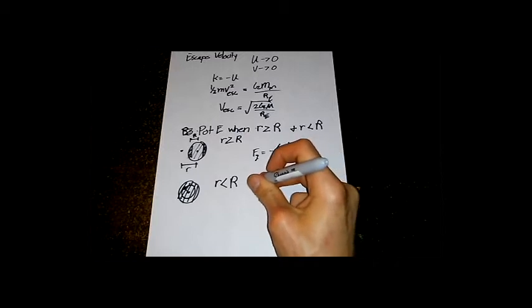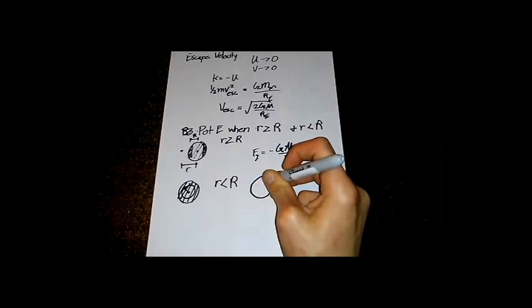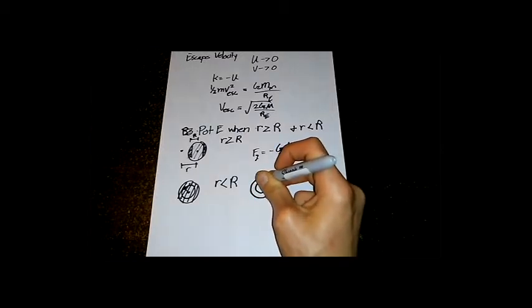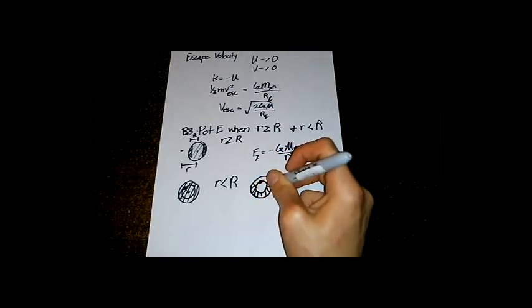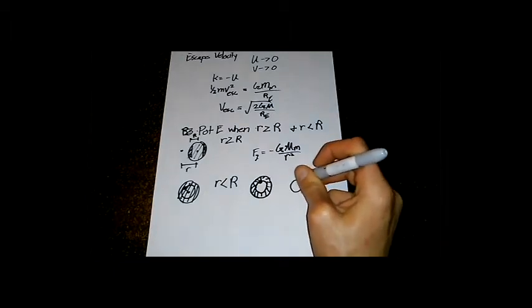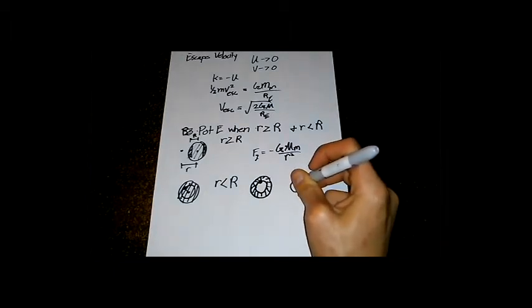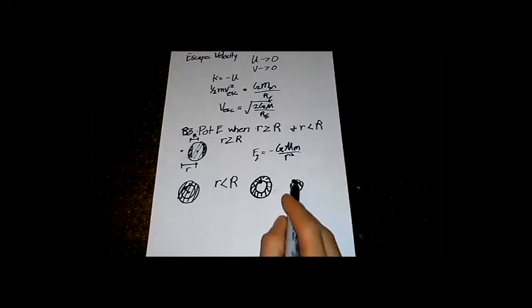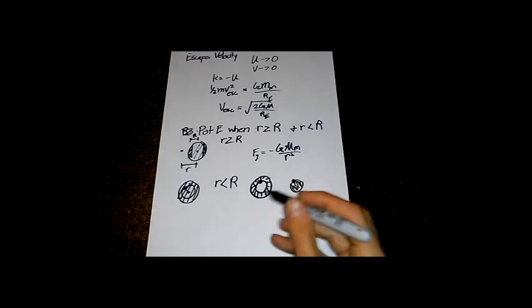So we can consider this in two parts. We have you here, and there's the mass outside of you, and then here's you here, and the mass that's within the R here.